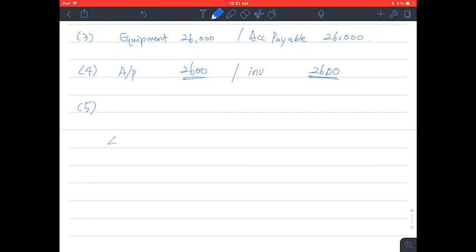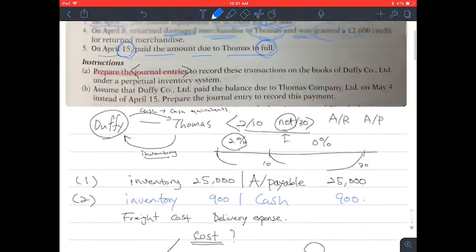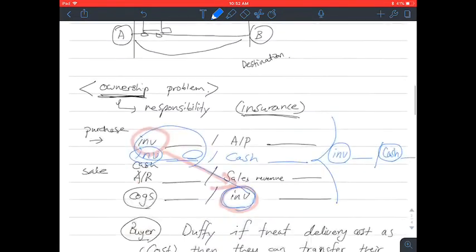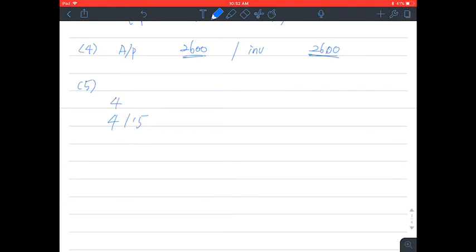And number five, it says on April 15, paid amount due to Thomas in full. Okay, on April 15. But let's see the date of the purchase, April 5th, right? So April 5th to April 15. So it's within 10 days, right?